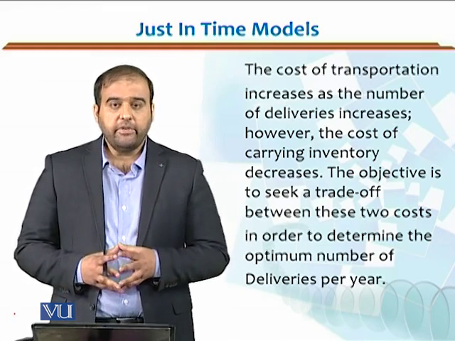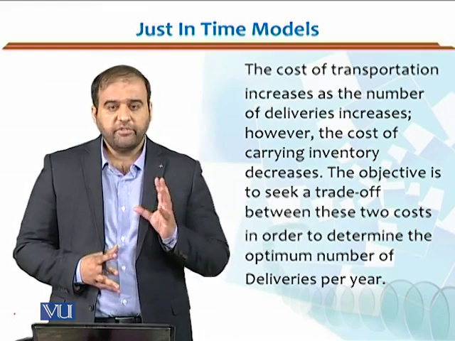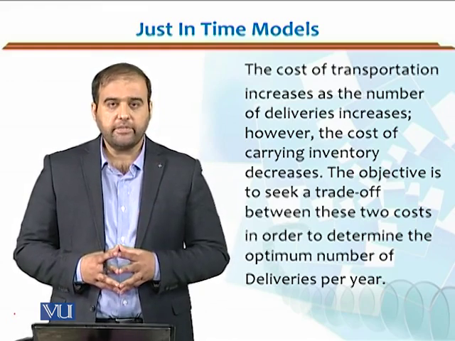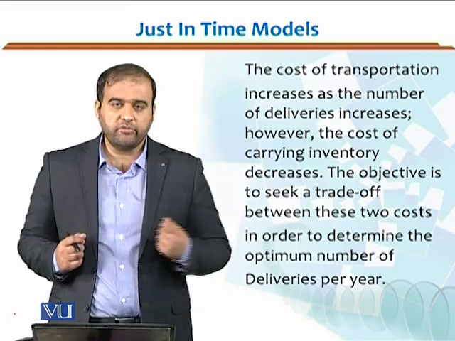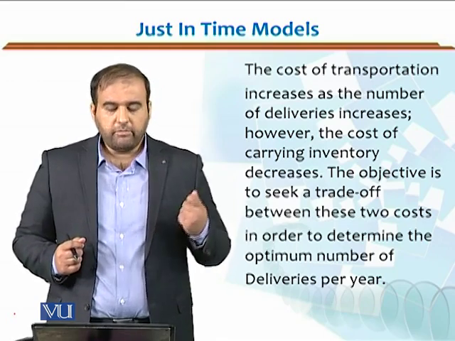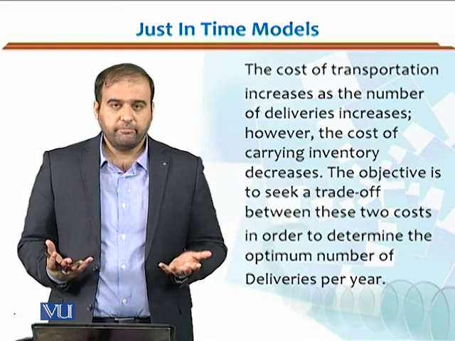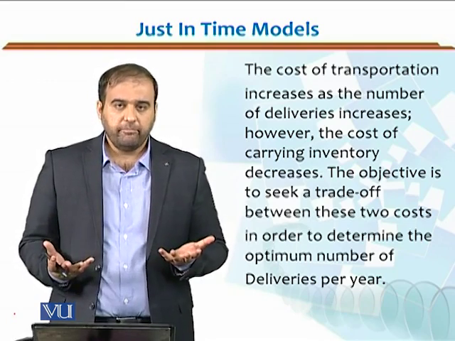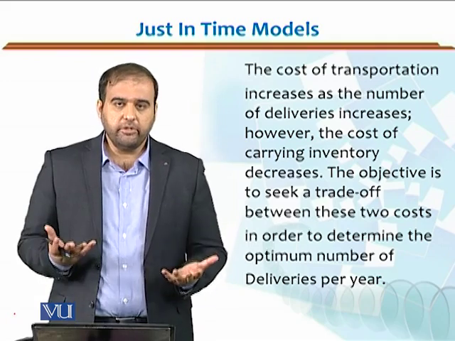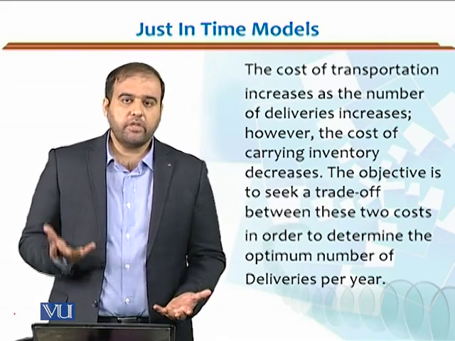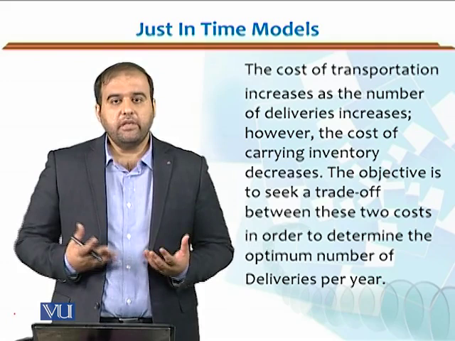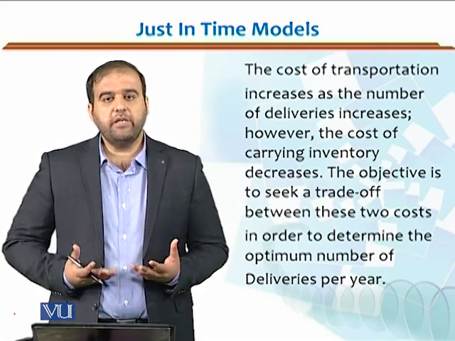As the number of deliveries increases, however, the cost of carrying inventory decreases. Your carrying cost decreases. So there is a trade-off. The objective is to seek the trade-off between these two costs. Your carrying cost would be going low, but at the same time, your transportation cost would be going high. Most of the time it becomes a contest.